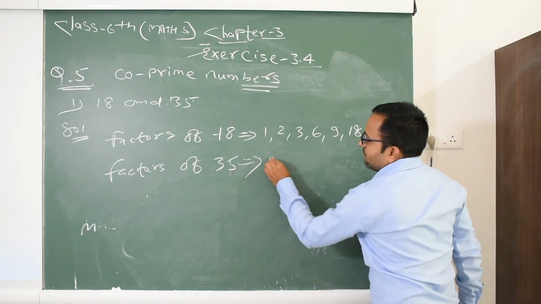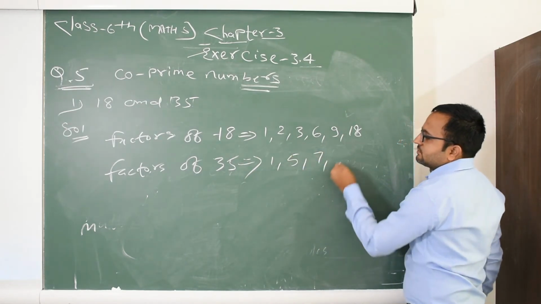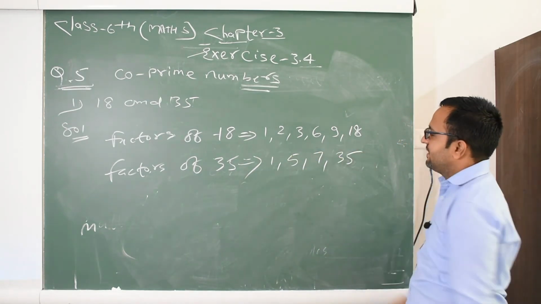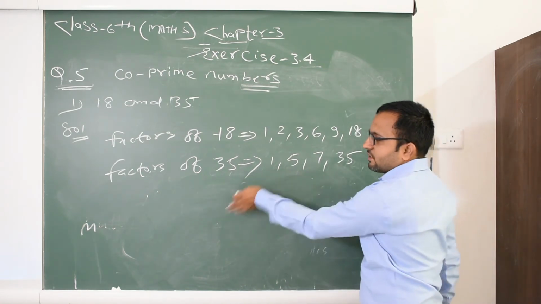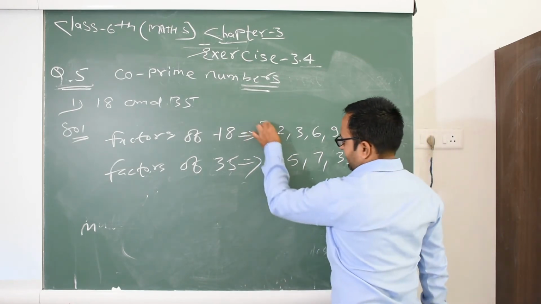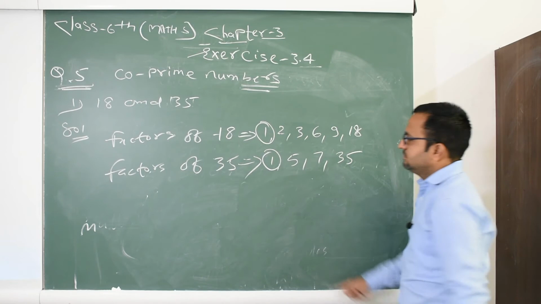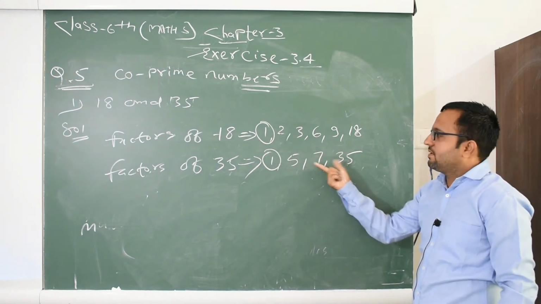Same for 35: 1, 5, 7 and 35. These are the factors of 35. Now we find the common factor. The common factor is only 1. No other factor is common.